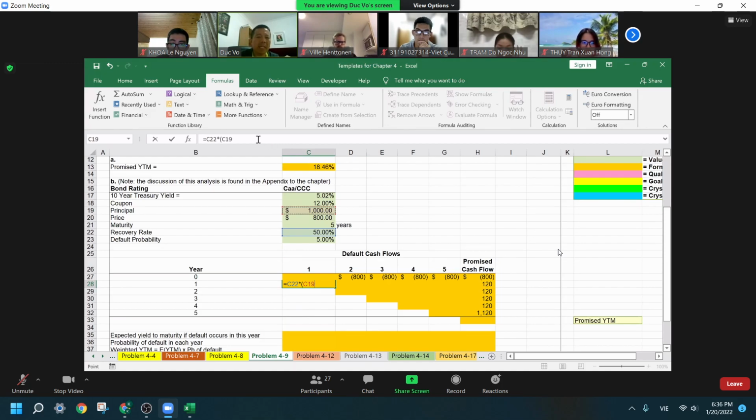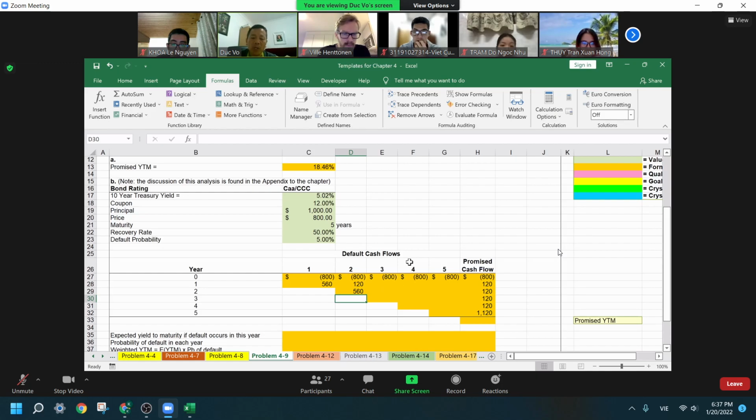So it means that you get back about 560. Am I right? If it defaults in year 2, for sure you get 120 for the first year, and then the second year it defaults, so you get 560 because you recover 50%.